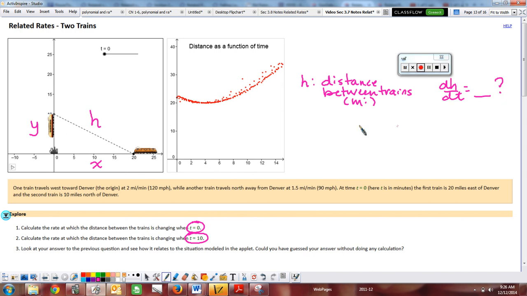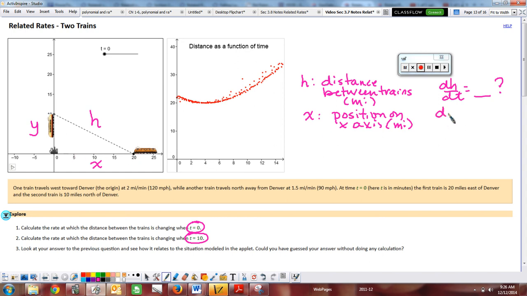We're going to define x, and again, I'm going to do it as position on the x-axis, and it's going to be in miles. But now here's where you want to be careful. This train is traveling this way. What's happening to your position over time? As we moved, it is getting smaller, so it's decreasing.